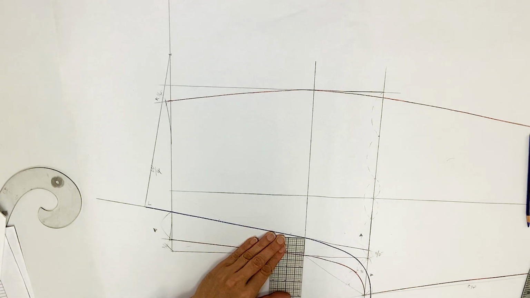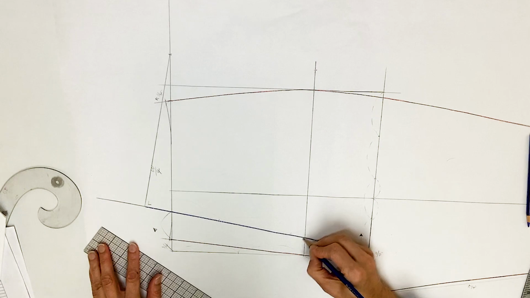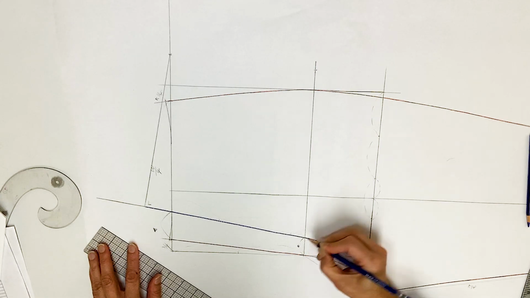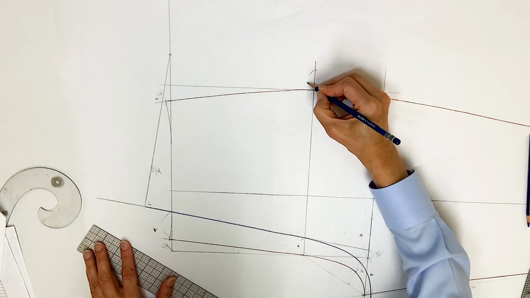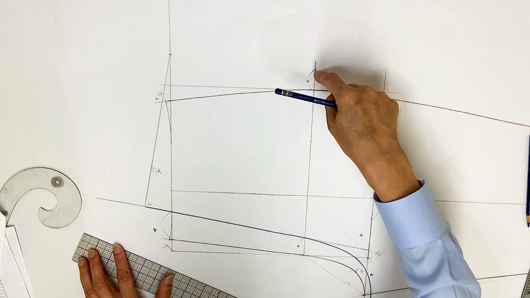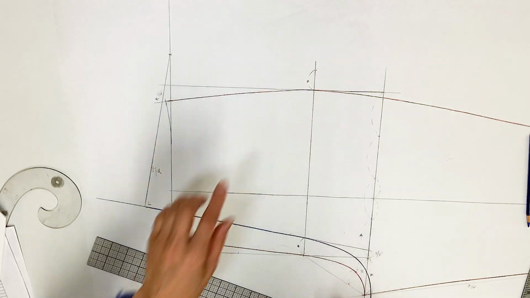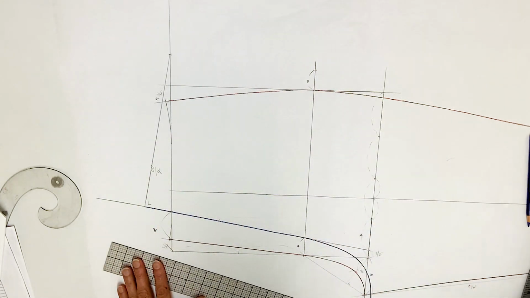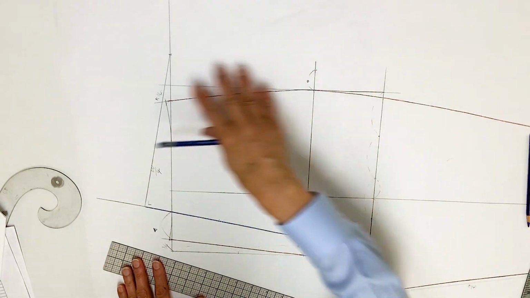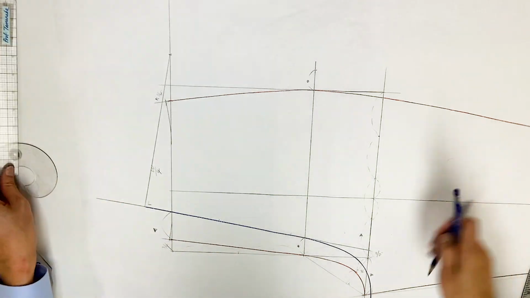That is 1 1/8, so I add 1 1/8 to the side. That will become the back side hip. Now you need to connect this. Let's do the rest first, and then we will complete the side out seam.